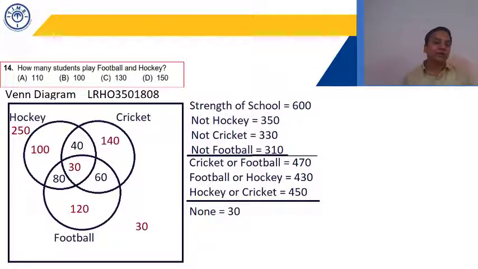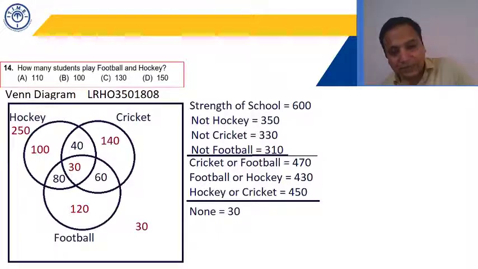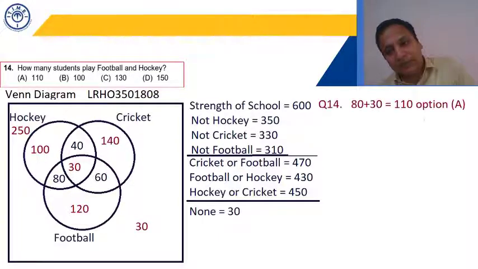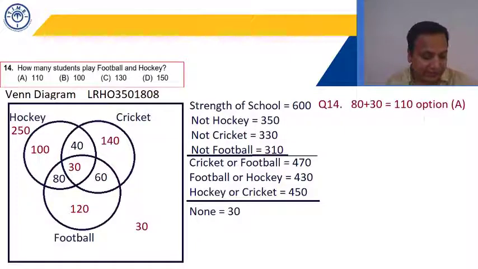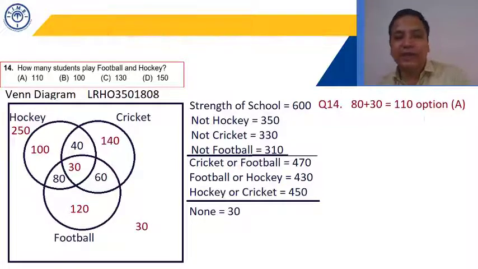Football and hockey is 80, and football and hockey is also 30. So it's 80 plus 30, which comes out to be 110, which is option A.